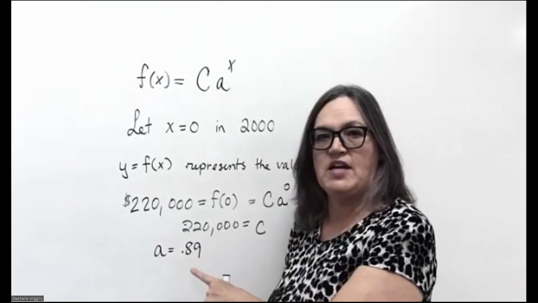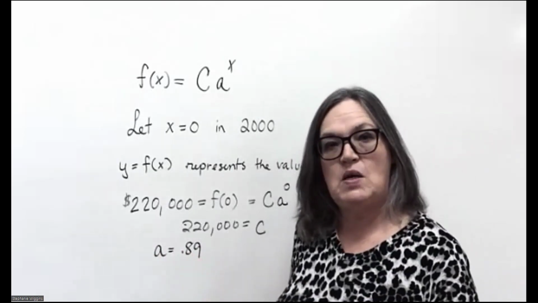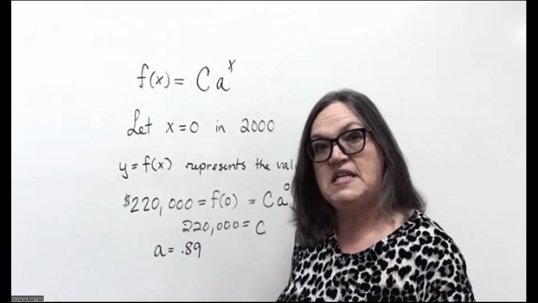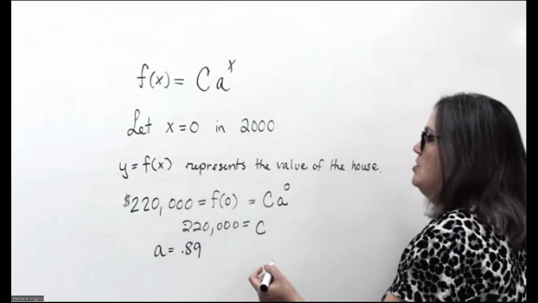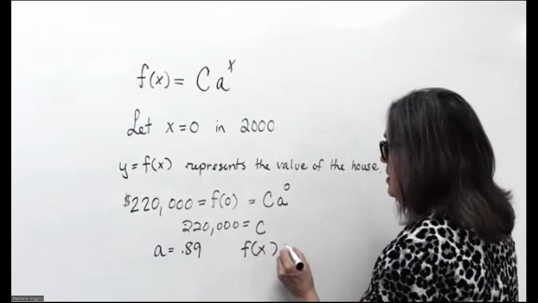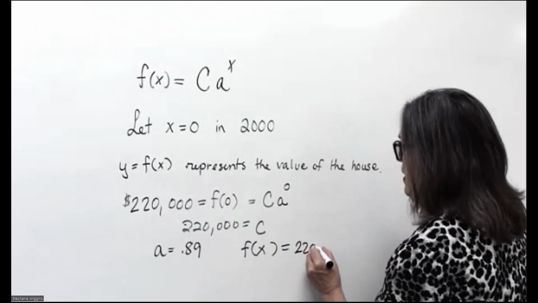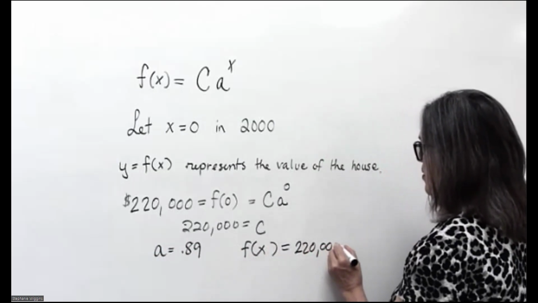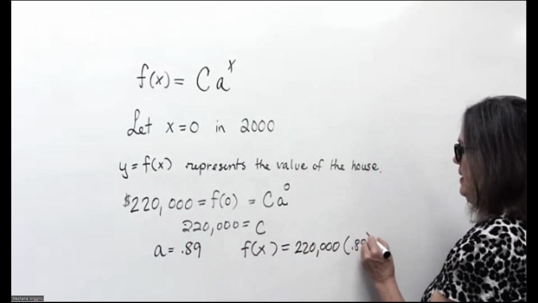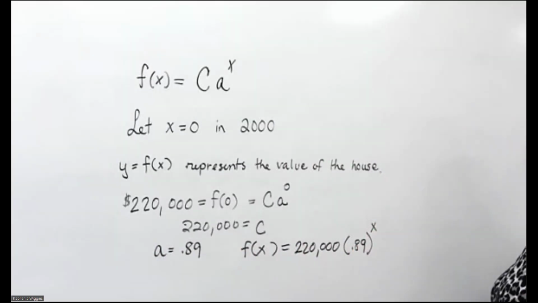And since this is a fraction, it's less than 1 but greater than 0, it's going to decline, all right? And so our model then becomes f of x equals 220,000 times 0.89 to the power of x.